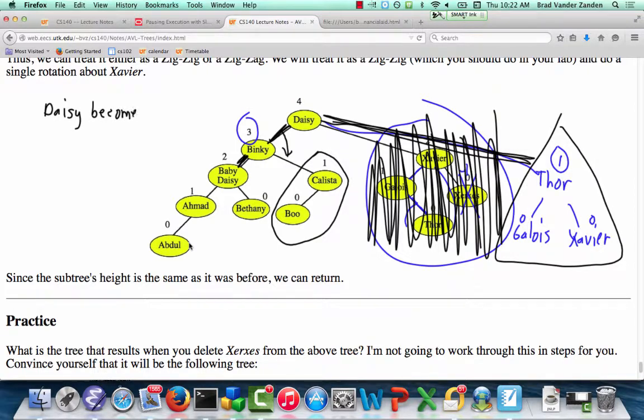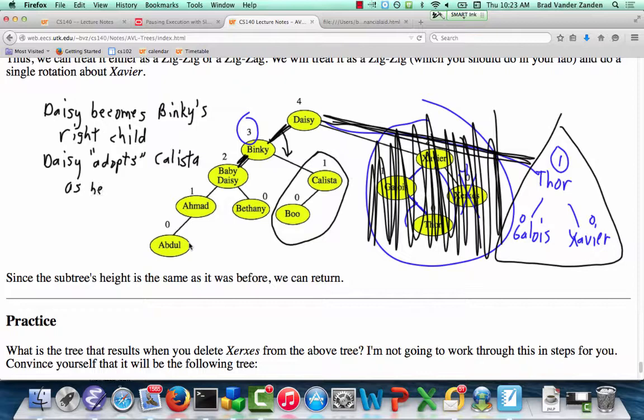Daisy becomes Binky's right child, and Daisy adopts Calista as her new left subtree. Okay, so those are the 2 changes that are going to take place.